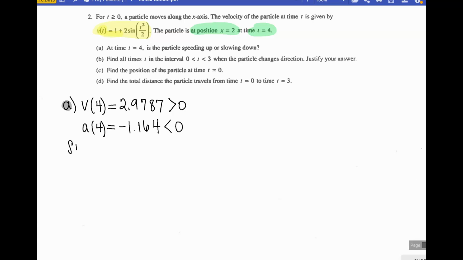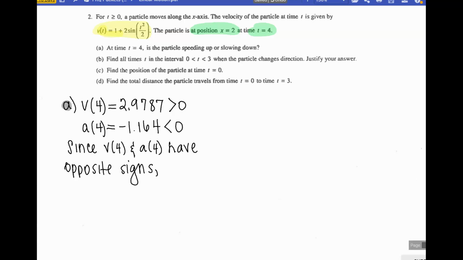Okay, so since v at 4 and a at 4 have opposite signs, the particle is slowing down.